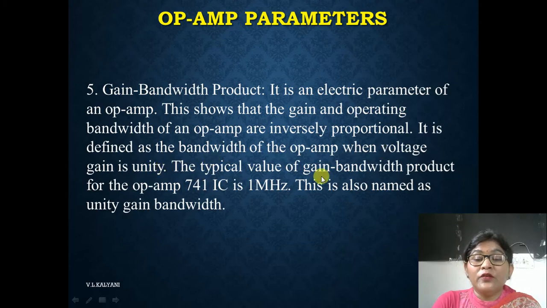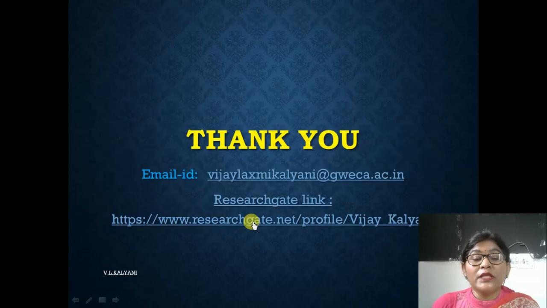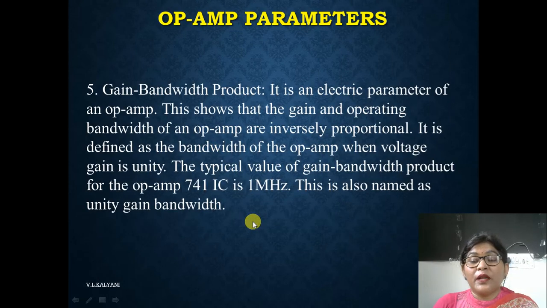The typical value of the gain bandwidth product for the 741 IC is 1 megahertz. This is also called the unity gain bandwidth. So these are some important parameters of the operational amplifier.